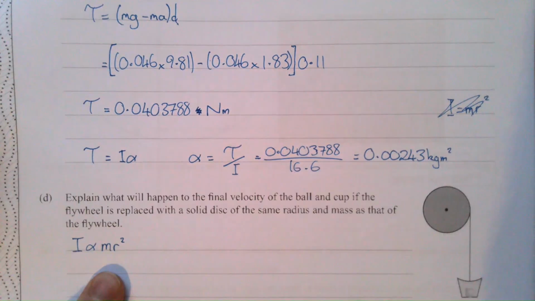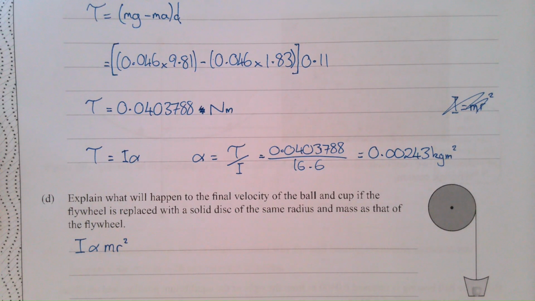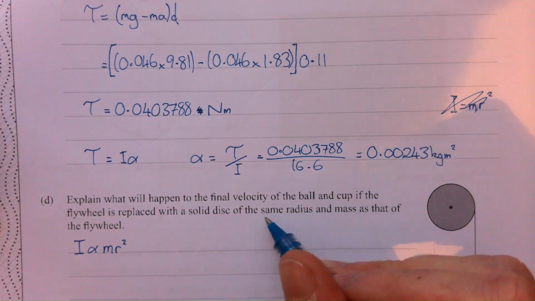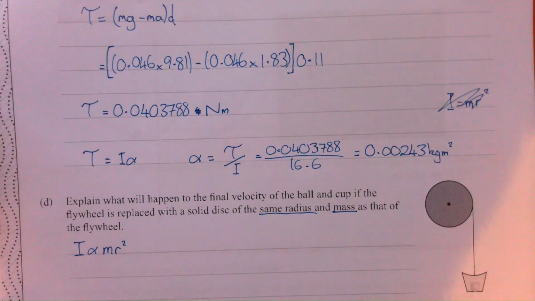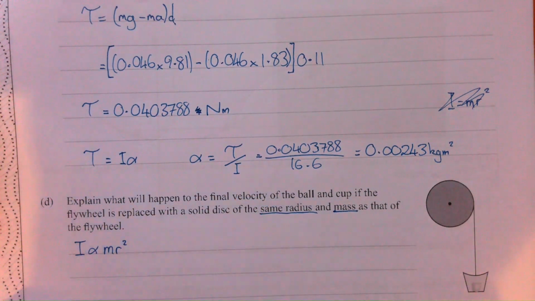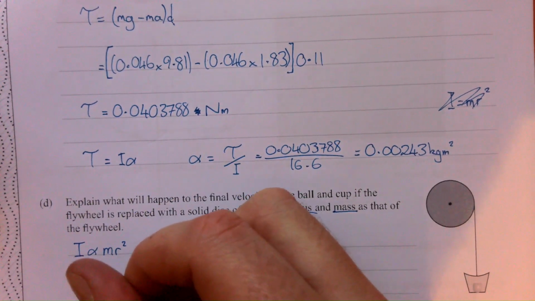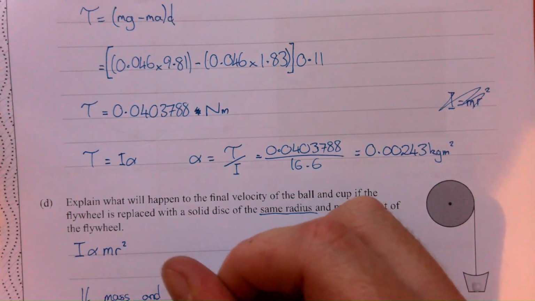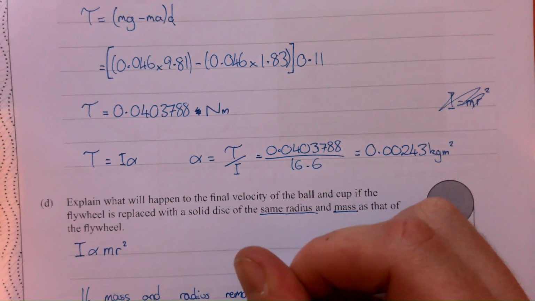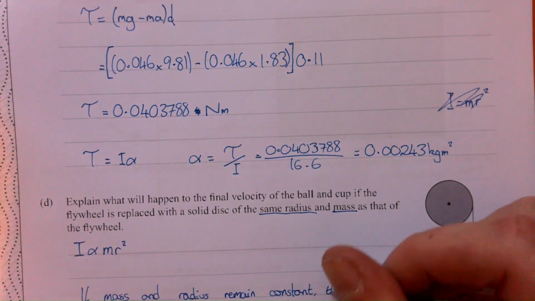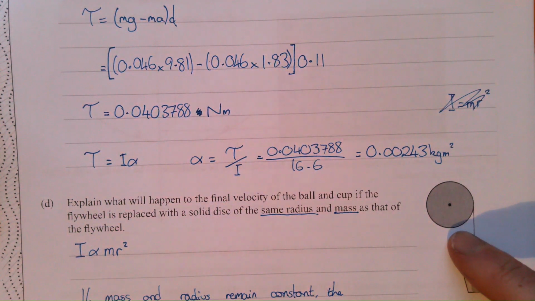And as in any discussion like this, it's always important to say what will stay the same, and therefore what will change. So, if we're saying, as we're told, that the radius is the same and the mass is the same, then we know that if mass and radius remain constant, the distribution of that mass must have changed.